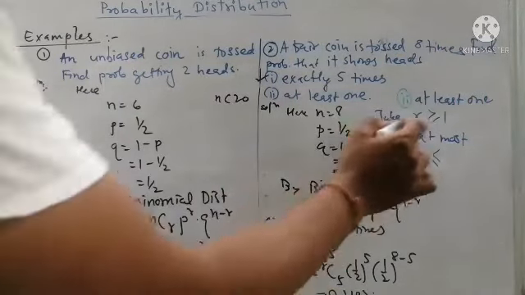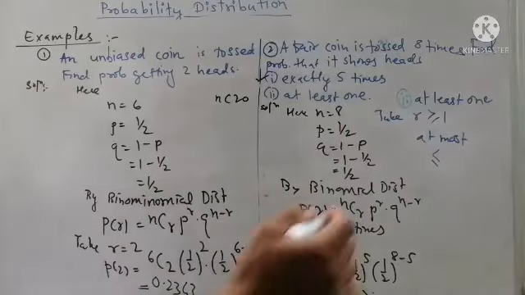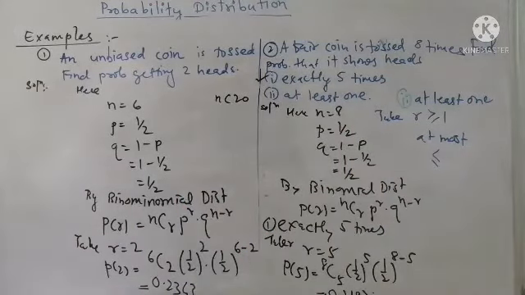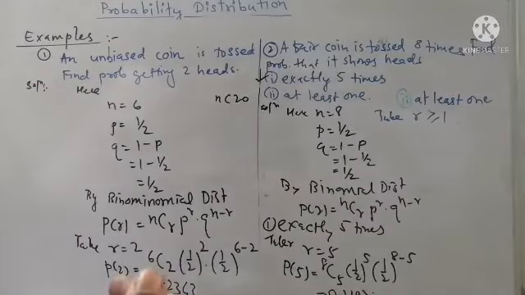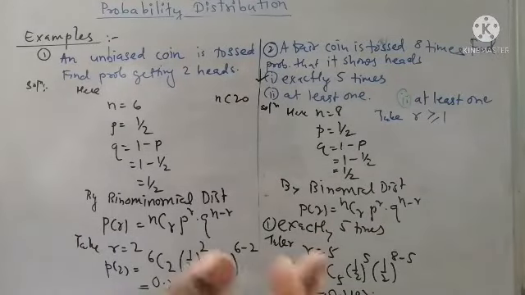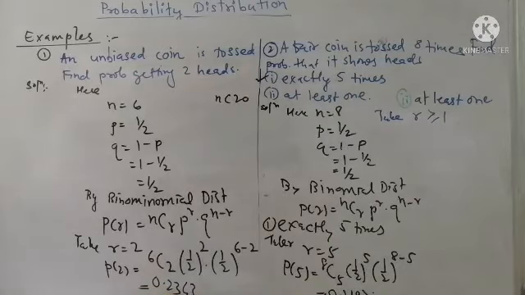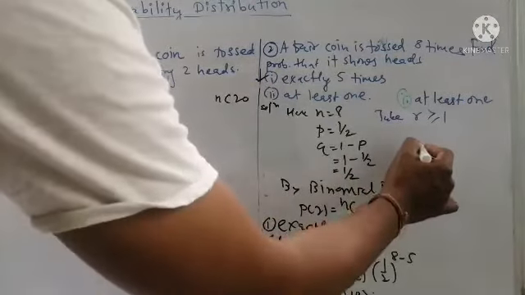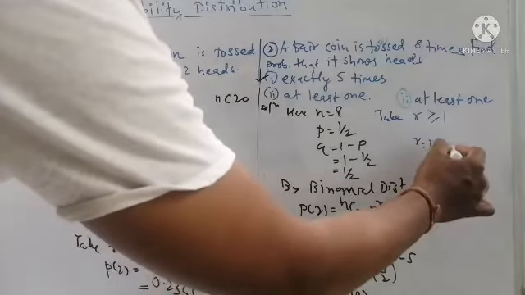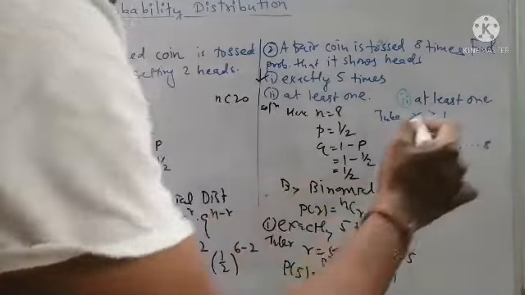If we are asked for at most, then we use r less than or equal to the given value. Now r greater than or equal to 1 means r has a minimum value of 1 and more than 1 also, as we can take a maximum of 8. So r has values 1, 2, 3, 4, 5, 6, 7, 8.